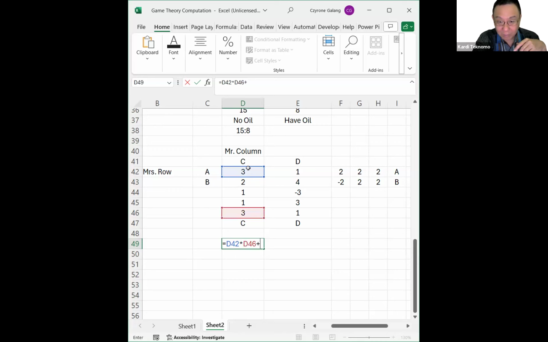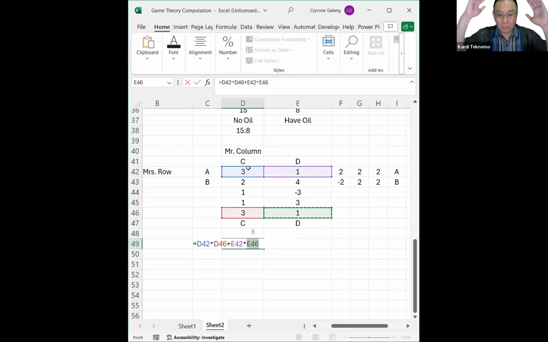That one, 1 multiplied by the 1 down there, correct? Then you put parentheses, and then divide by the sum of the odds. So in this case, 3 plus 1.